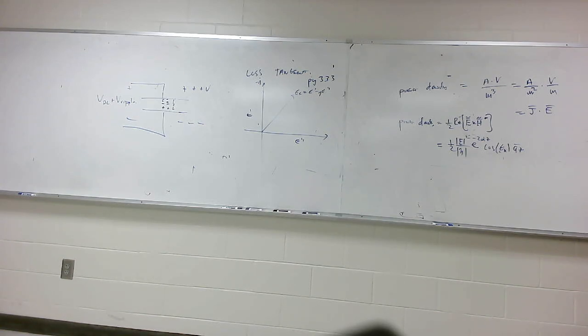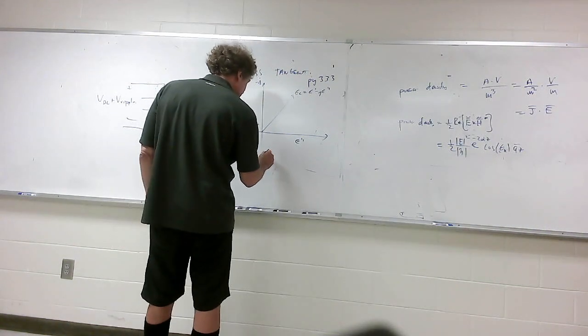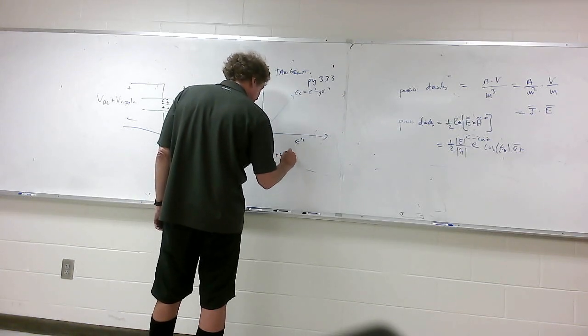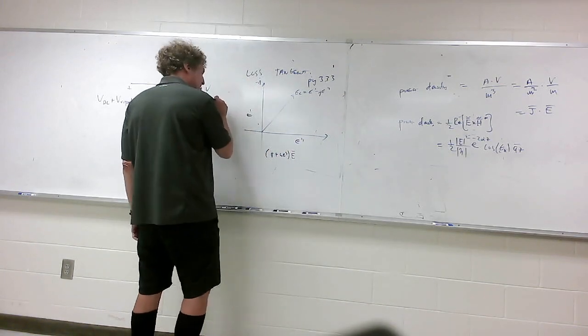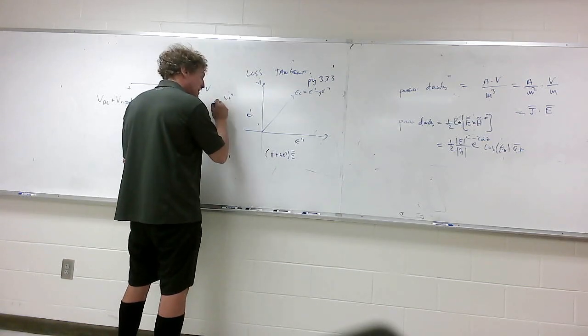This is on page 333, and it's figure 6.3. Now he includes sigma plus omega epsilon double prime times E, and then over here he puts omega epsilon double prime times E.